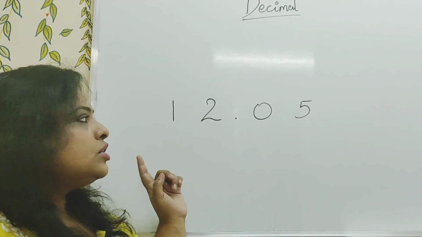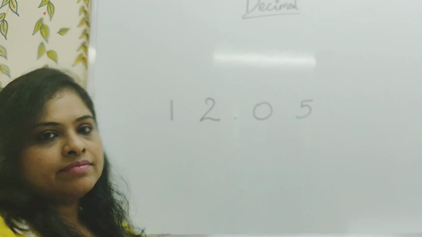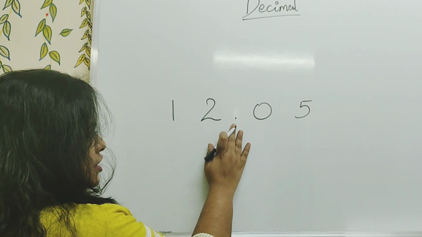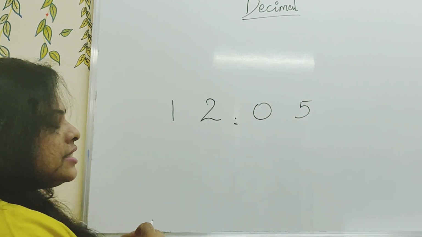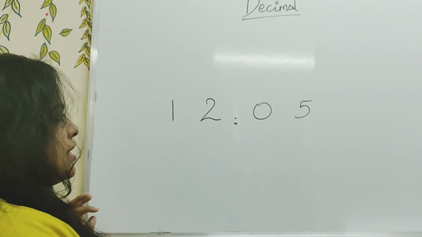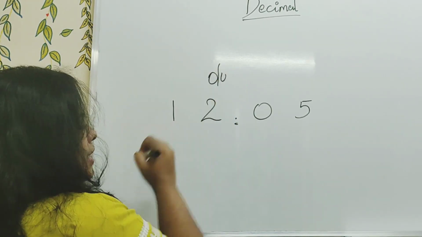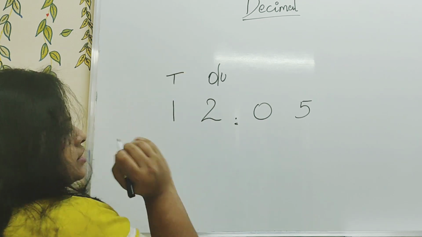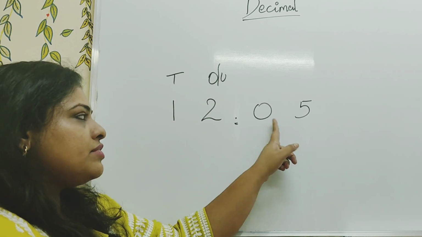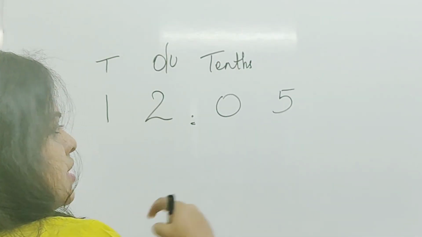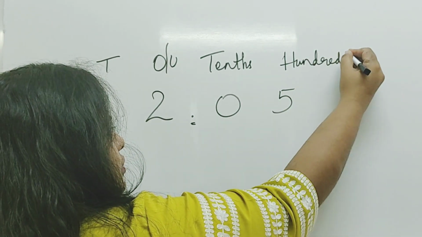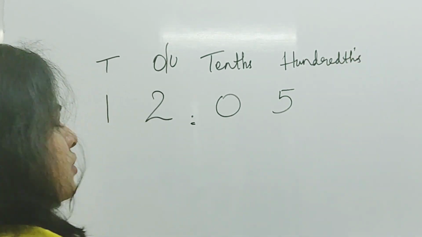I have another problem, 12.05. When I have 12.05, we know that before the decimal point, it is the normal place value that we learned in our first, second, third standard. So 2 stands in ones place or units place, and 1 stands in tens place. What are the numbers after the decimal point? 0 and 5. 0 is in the tenths place, and 5 comes under the hundredths place.